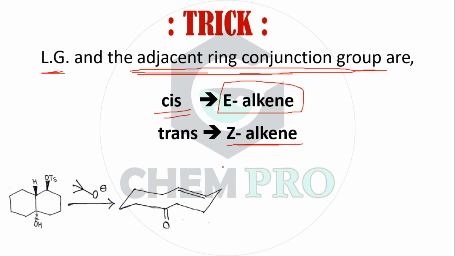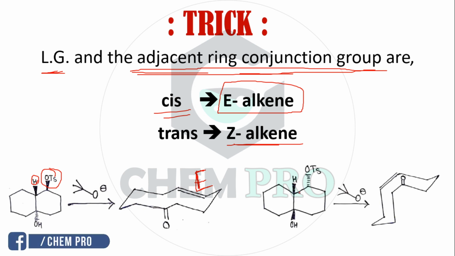So here is an example: H and OTs are cis to each other, and the product is an E-alkene. But if the H and OTs are trans to each other, then this is a Z-alkene.